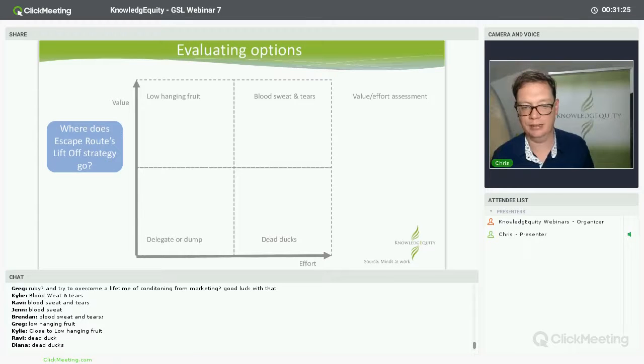Ravi says a dead duck. Lots of effort, nothing to gain. Well, I guess you're saying that it's never going to deliver, and so it's an interesting one. Escape route's a bit harder, isn't it? Where you're going to stick it.